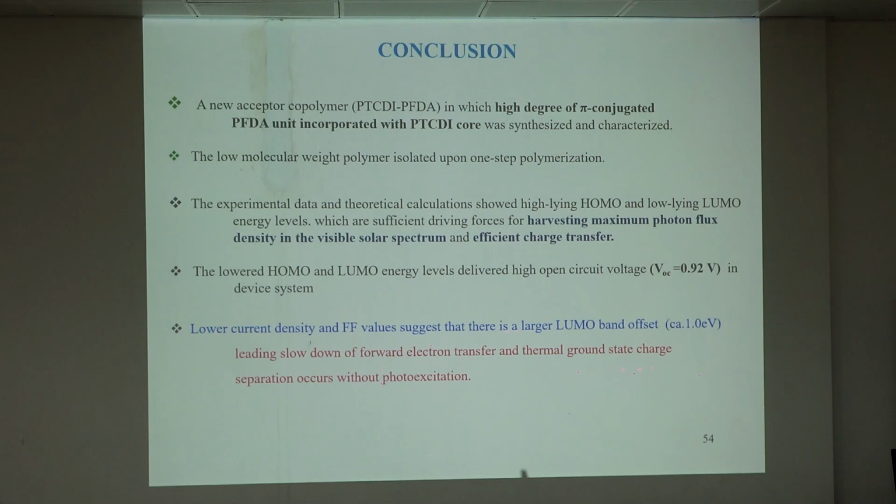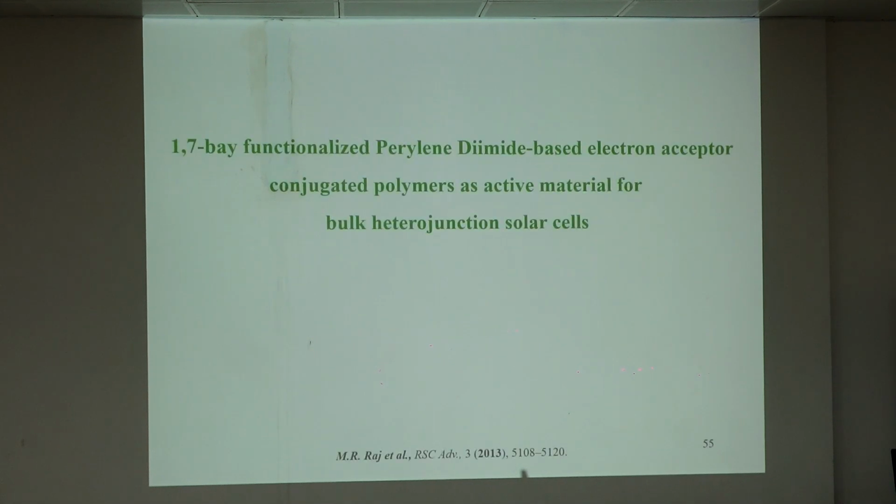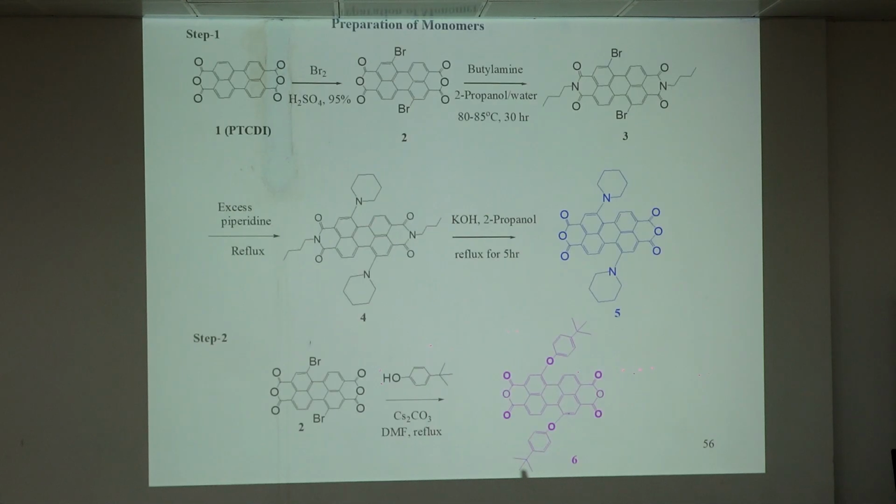So that's the one. We get a very important 0.92 voltage. So we change the Berlin position. Now we want to change the Berlin at Bay position. When we change the Bay position, what happens? We want to see that's another concept. So we take an organic molecule, Berlin. So we want to change your Bay position, so we substitute your bromine here first, and then in place of bromine we take another compound, piperidine based.